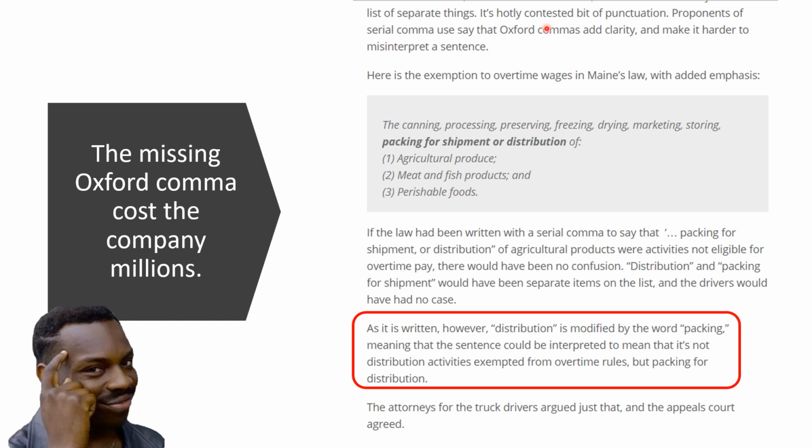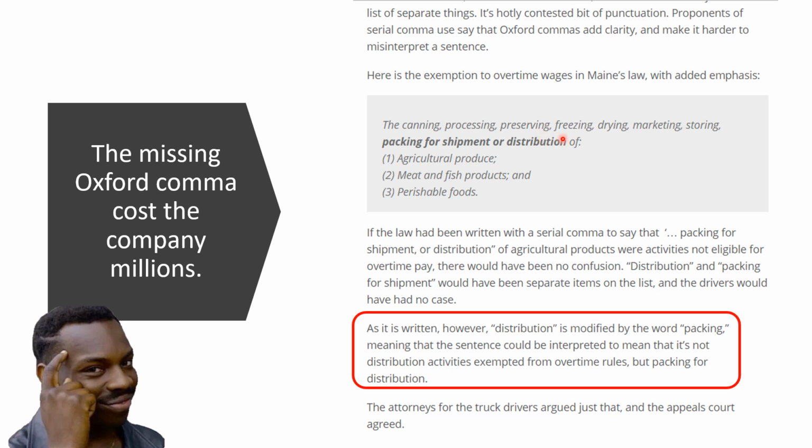So the company actually placed an exemption to overtime wages. No, it's a law in Maine, in the US. So there's a law in Maine, a state in the US, which says the following activities are exemptions to overtime pay.